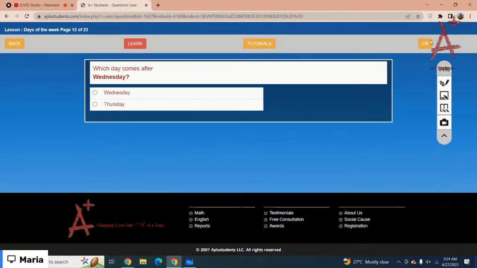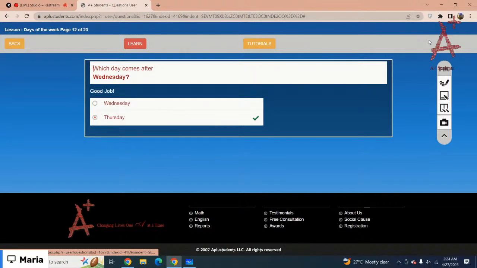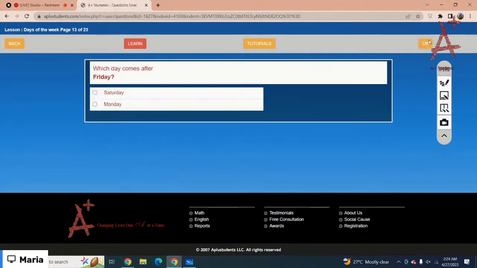Okay, which day comes after Wednesday? So which is the day after Wednesday? It would be Thursday. Which day comes after Friday?